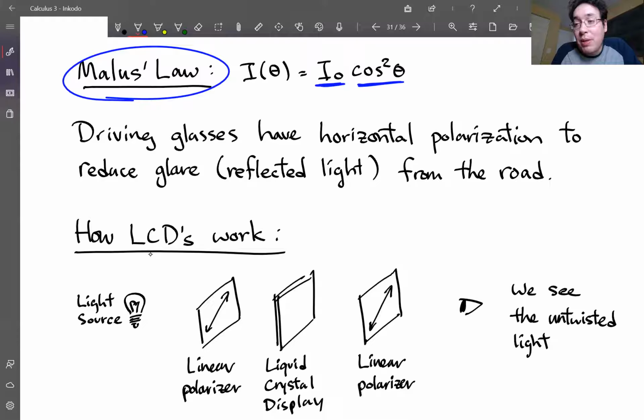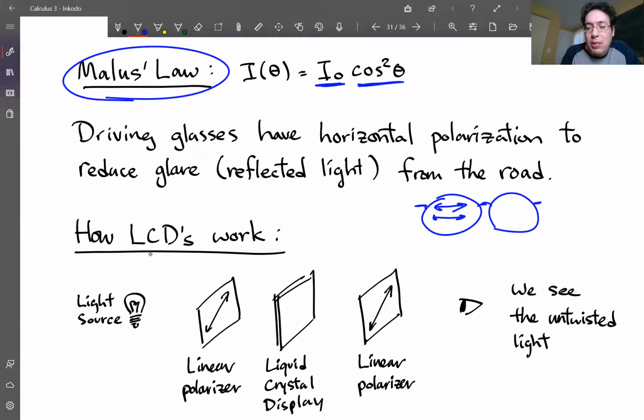Well, driving glasses work this way. If you have driving glasses, it is usually polarized in the horizontal direction. Why is that? Well, when you're driving along the road, excuse my drawing here, let's say there's a bright light outside, maybe you're driving into the sun.